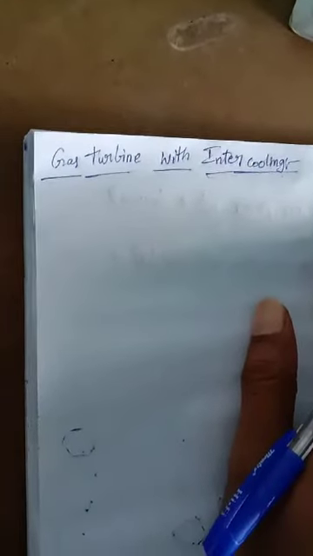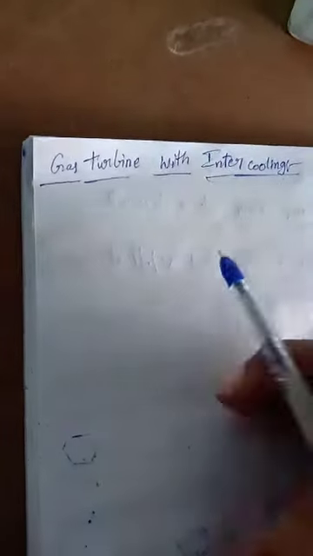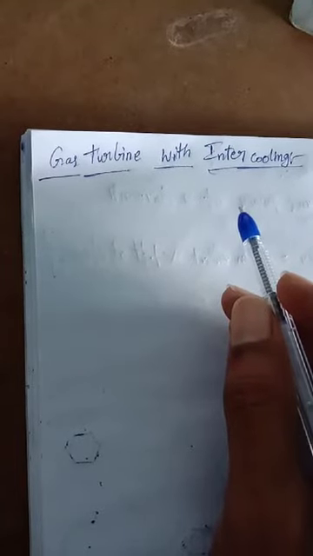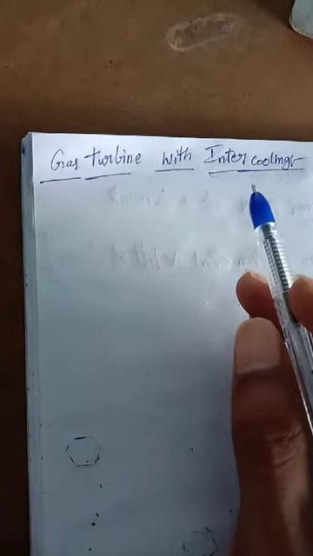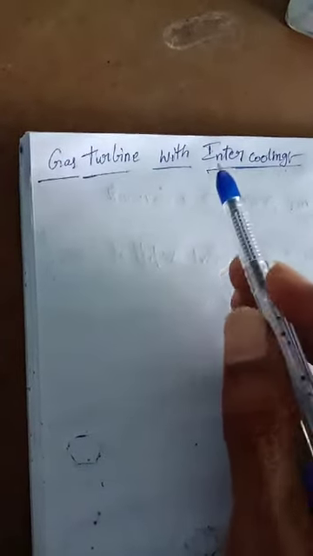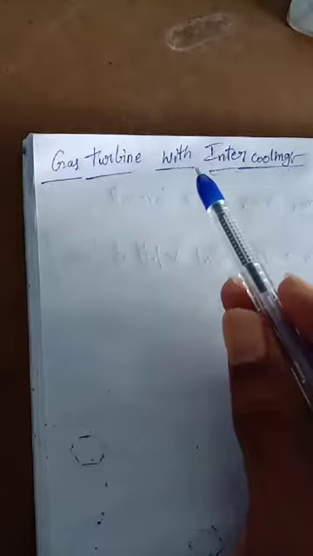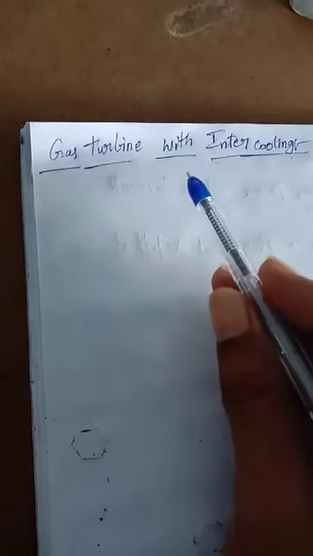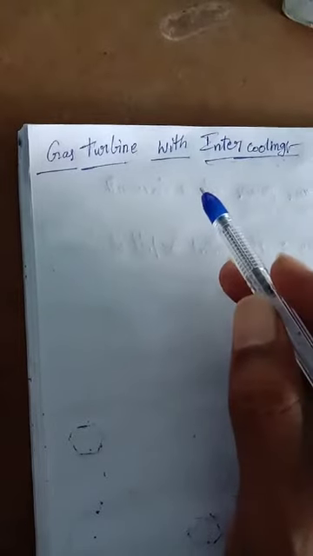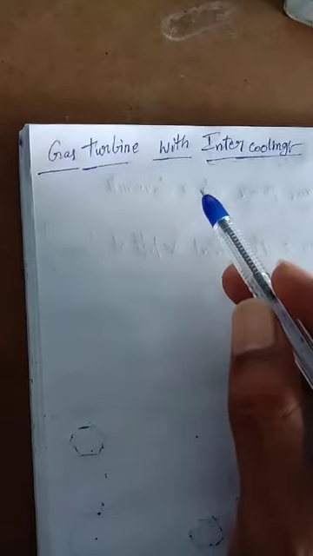So we have already discussed that a major portion of the power developed by the gas turbine is consumed by the compressor. Okay, that we know very well. It can be reduced by compressing the air in two stages with an intercooler between the two.